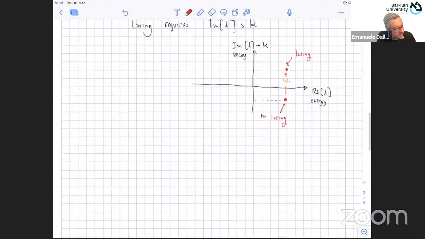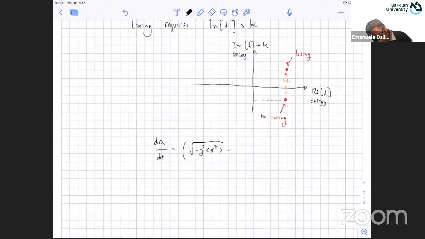Okay, very good. So let me summarize this part by just one equation, which is sort of a simplified version of what we have seen now. Basically, we can think of the laser as something like dA/dt equals to square root of minus g squared sigma z minus kappa a.